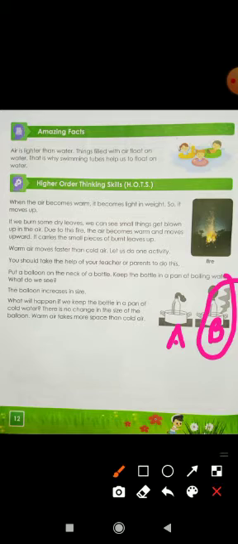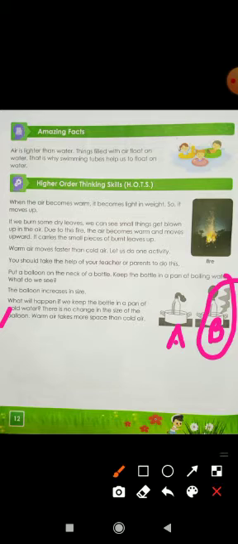Okay, put a balloon. What will happen if we keep the bottle in a pan of cold water? What can you see, what change is there? Is there any change in the shape or size of the balloon?